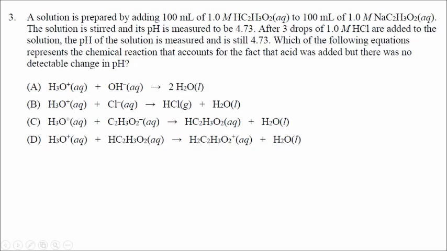In number 3, we are given a buffer which contains both acetic acid and sodium acetate, and we are asked to explain why, after adding a strong acid to the buffer, the pH did not change.